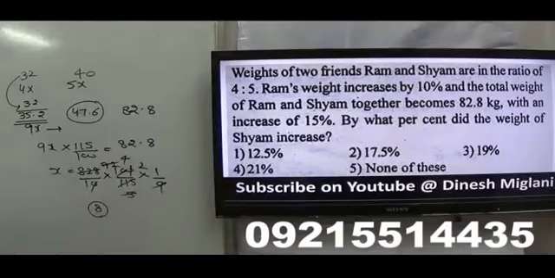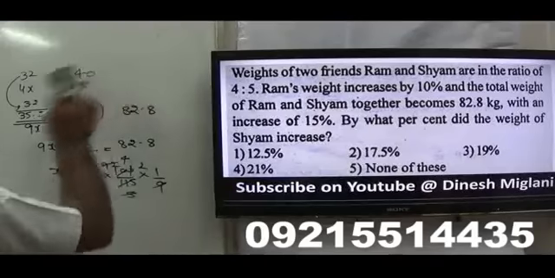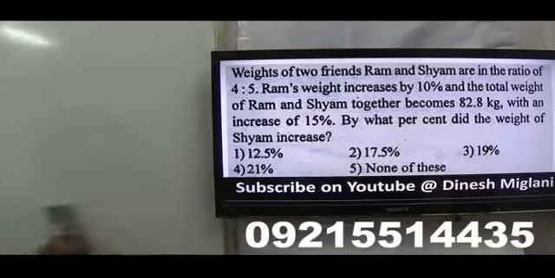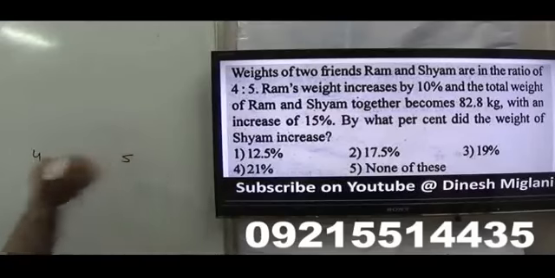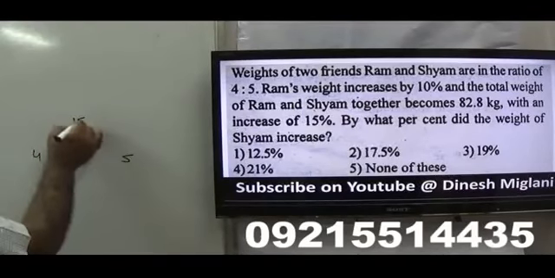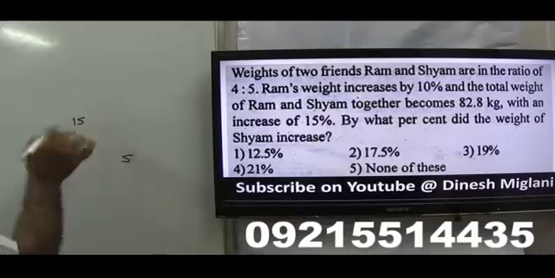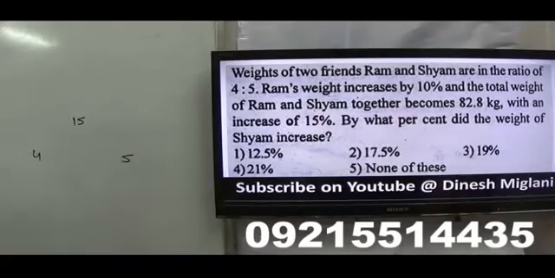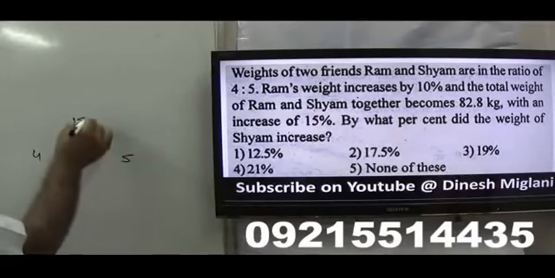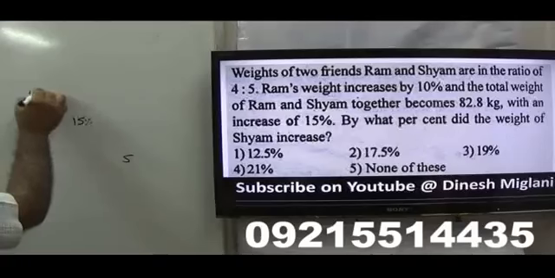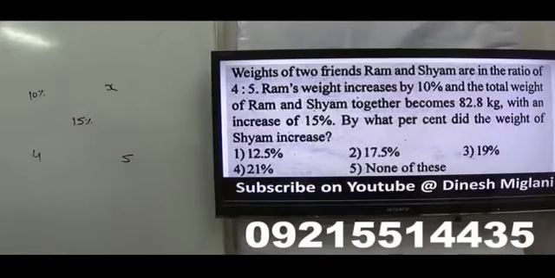This question may also be solved with the help of alligation mixture, but the process would be different. How? Just try to solve it with alligation mixture. Here the mixing ratio 4:5 is given, and this was increased by 15%. Further, it is given that this is 10%, and we have to find x.